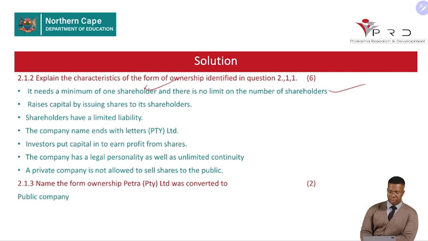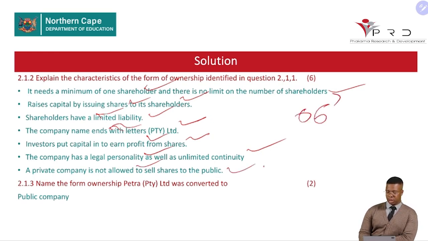It raises capital by issuing shares to its shareholders, and then shareholders have limited liability, and the company name ends with Pty Ltd. Investors put capital in to earn profit through shares, and then the company has legal personality as well as perpetual continuity, and the private company is not allowed to sell shares to the public, and that's how you get your 6 marks there.